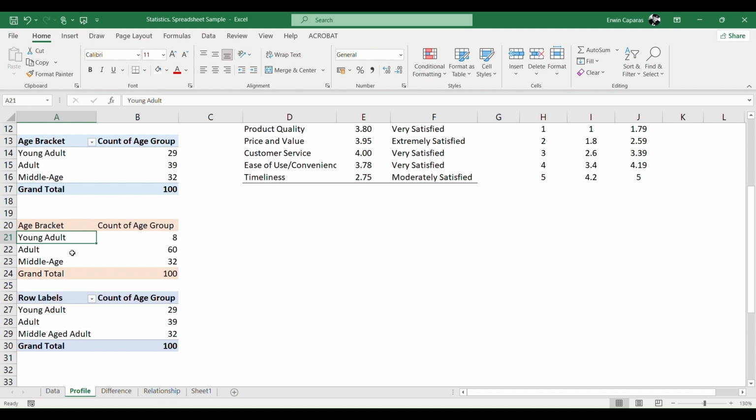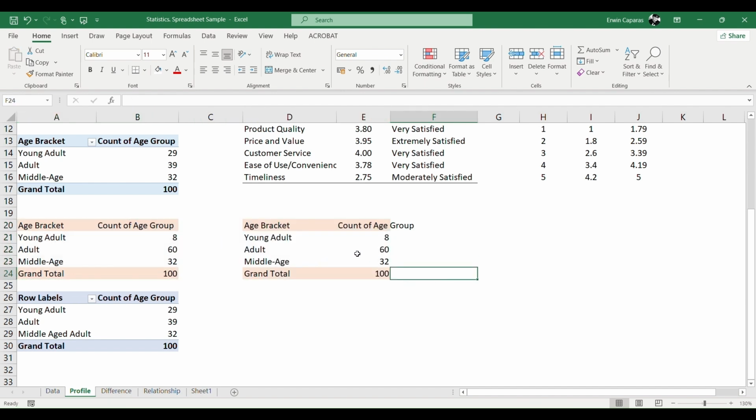So what we will do is, let's say since we only have less than 10 young adults, we can add it to the adult so that we can still use the data. So the data will then be the young adult and adult, and the value is 68.